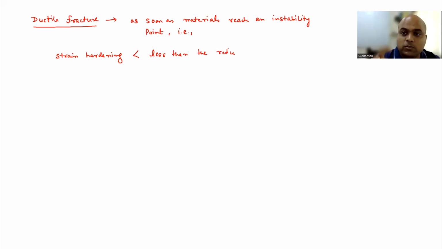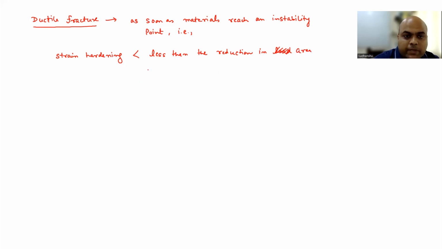And that's why the curve goes down. Okay. So the increment in the load you are getting from strain hardening, that effect is less than the decrease in the load because of the reduction in cross-sectional area, right? So you are getting that when you are at the instability point, and that's why the curve goes down in the engineering stress, engineering strain plot. Okay. Reduction in here, sorry, it should be area. Okay.